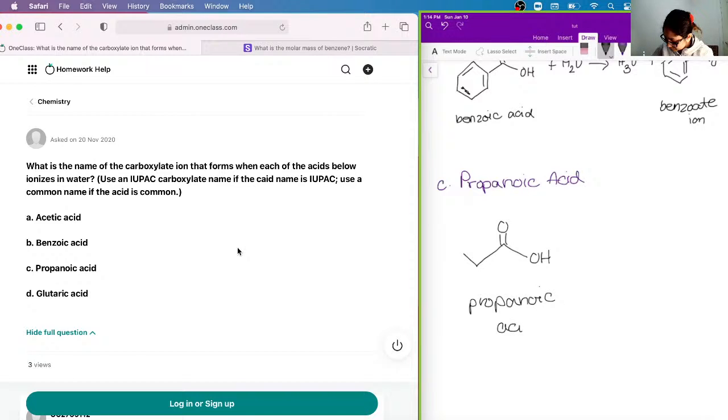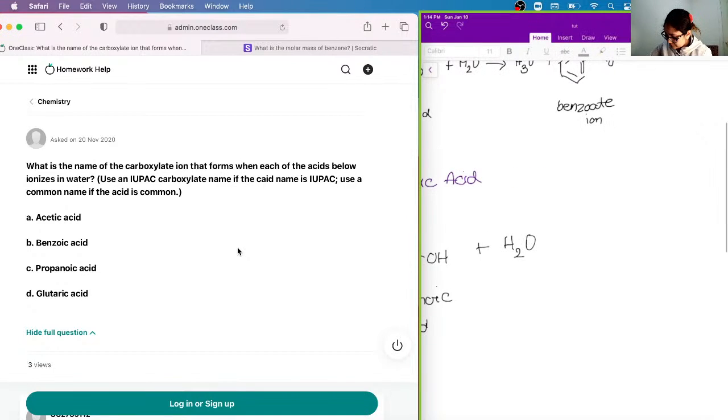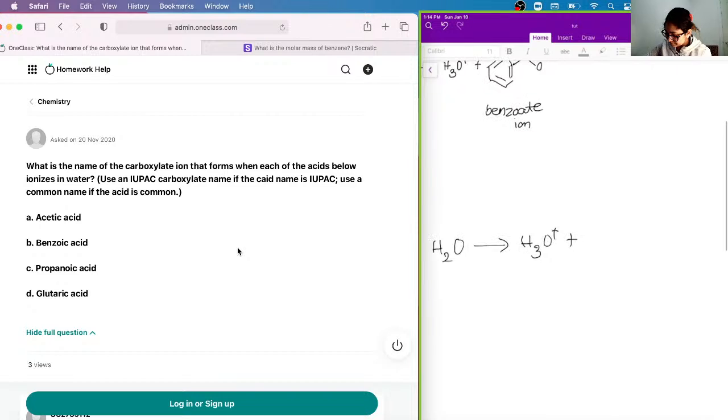Acid plus H2O, and this will give rise to your hydronium ions plus your propanoate ion, which is the same thing: your terminal OH group loses a hydrogen, and it becomes a negative. So this is your propanoate.